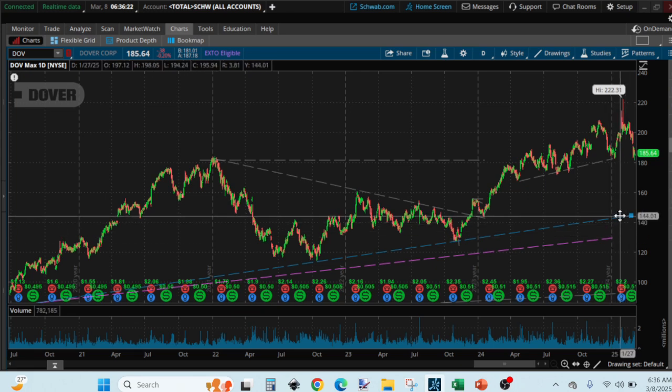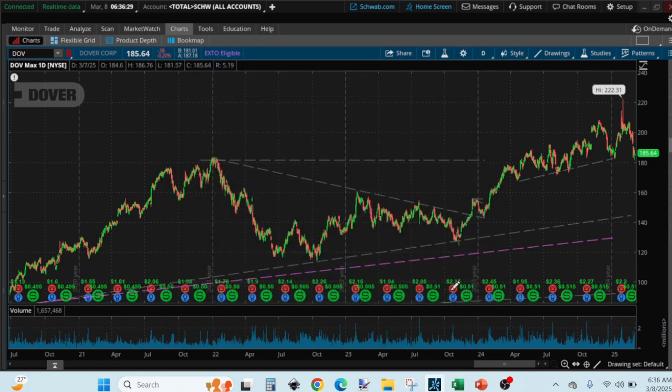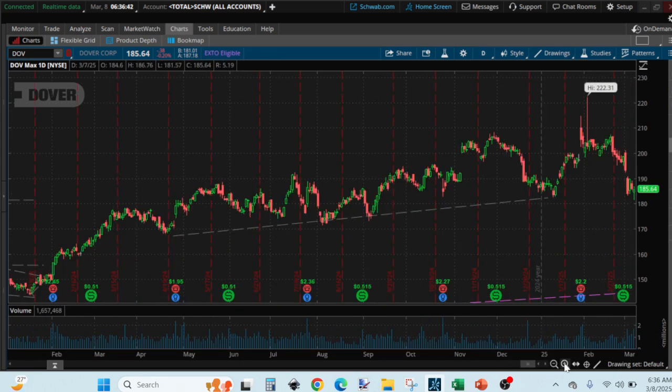In fact, I can just color code this one as well to see which one it is going to use to start going up. But right now it's still higher up compared to where we like to get in. So there is not anything we are going to do with it at the moment.